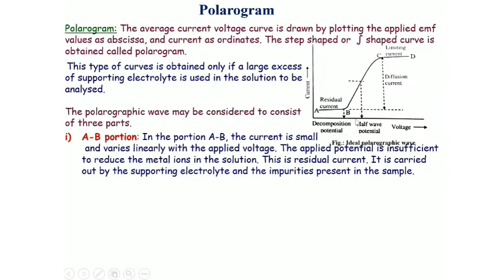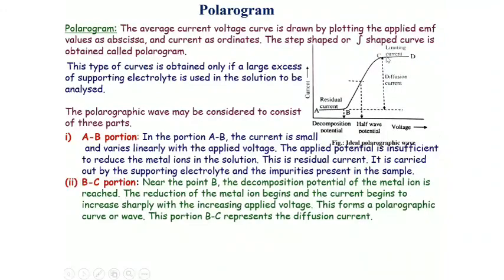The next region is the BC region. When the potential reaches point B, at that point continuous electrolysis takes place. When we increase the potential after point B, there is a sudden sharp increase in the current value. Therefore the region BC shows a diffusion current due to the continuous electrolysis of the test cation.